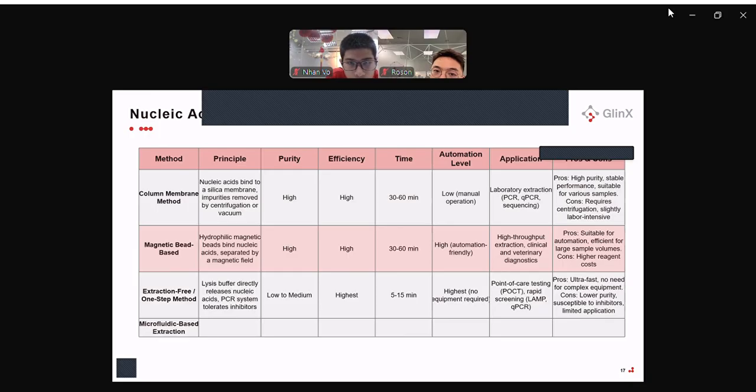Just like when we're conducting tests on simple samples like the gastric or respiratory samples, this kind of sample is not that complicated. So the testing result of this kind of method, the one-step or no-extraction method, seems similar to our magnetic beads extraction method.